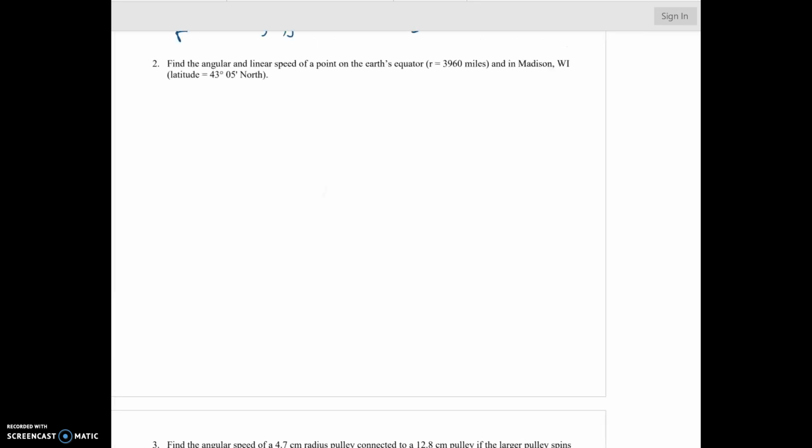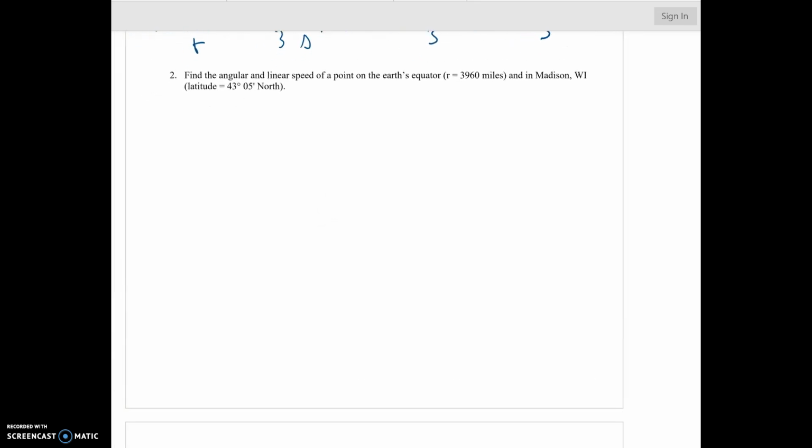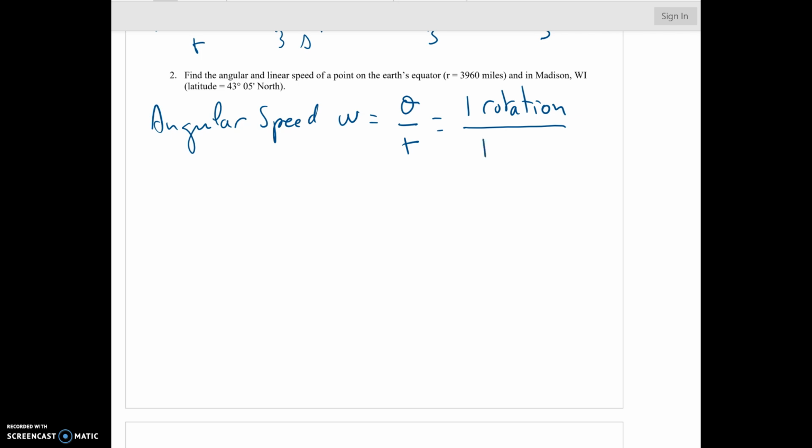Now, the angular speed. For problem number 2, we try to find the angular speed of a point on Earth. Well, I know that the angular speed omega equals theta divided by the time. Theta is one rotation divided by the time, which is 1 day.